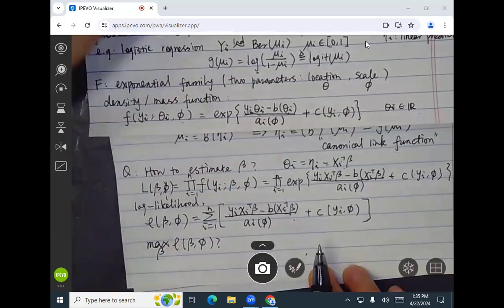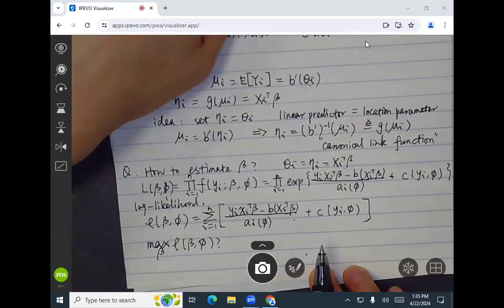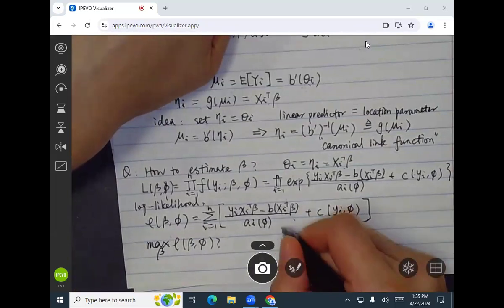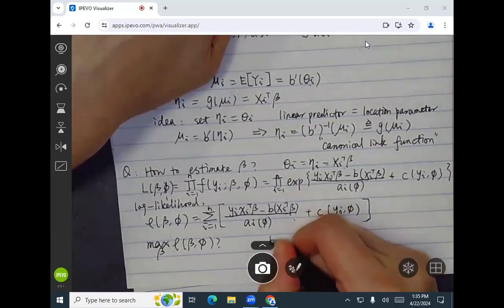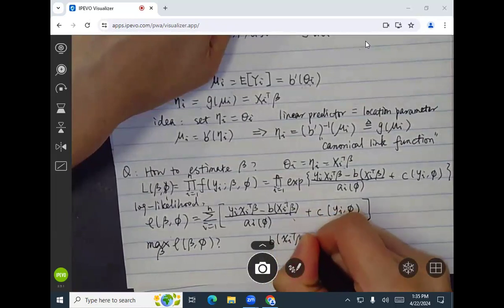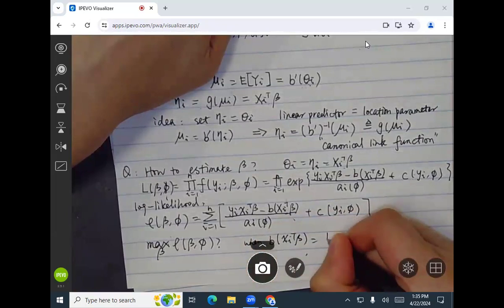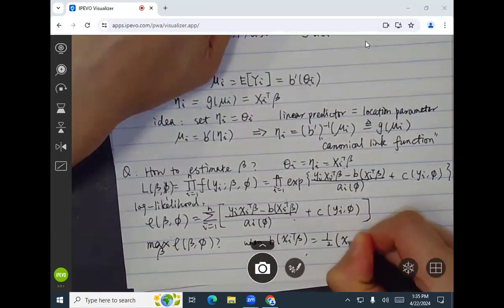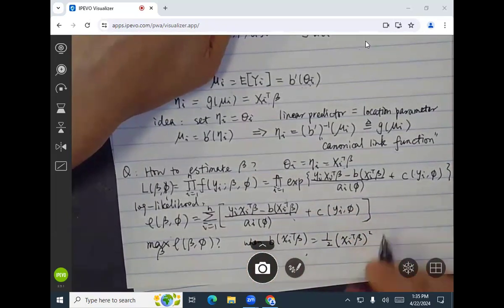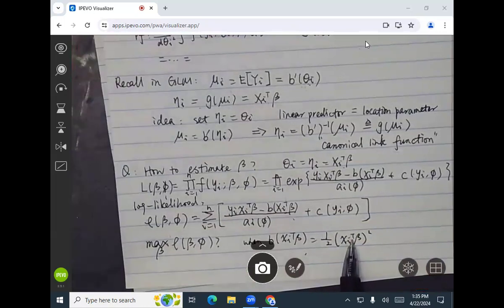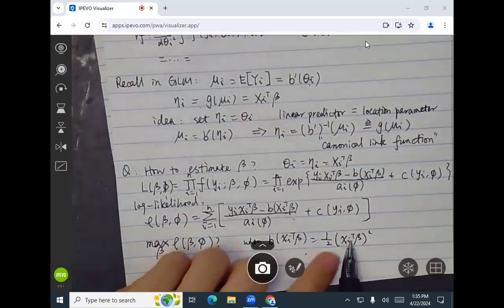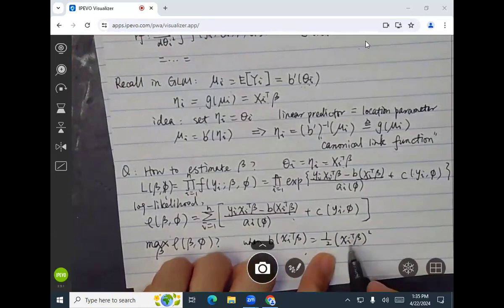And recall that for the normal distribution case, the b function is just 1/2 x_i transpose beta squared. That's the case for the normal distribution. Because this is a vector form, x_i transpose beta gives me a scalar, but I can open it up as a vector form.